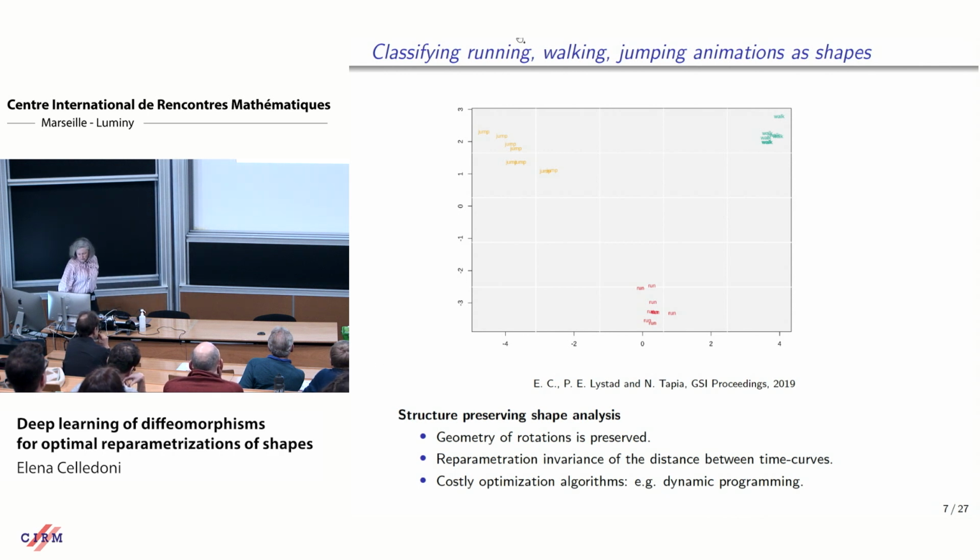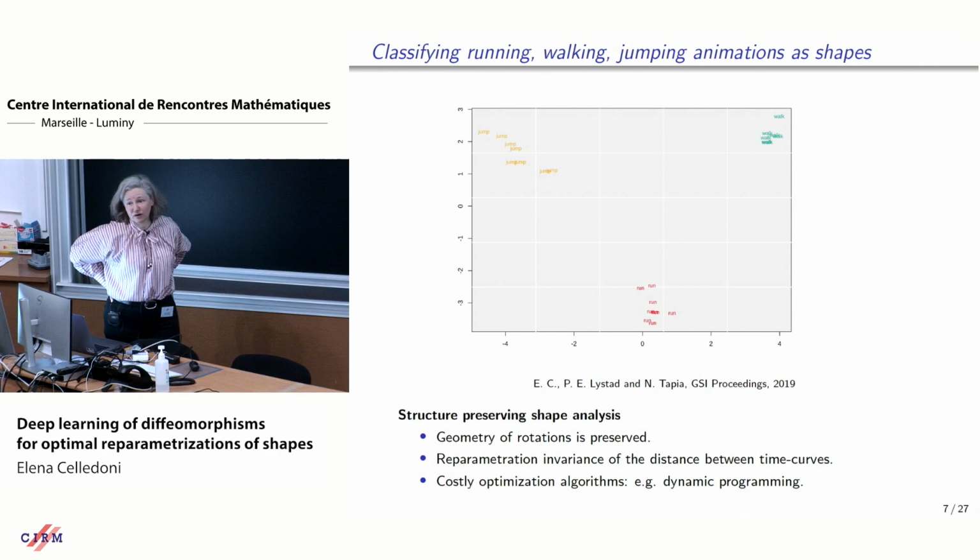We have running, walking, and jumping animations, and we want to classify them. And this is a quite nice result. So it clusters. This picture shows that you cluster pretty well the jumping animations here, the walking animations up here, and the running animations down here. So they are very well separated.